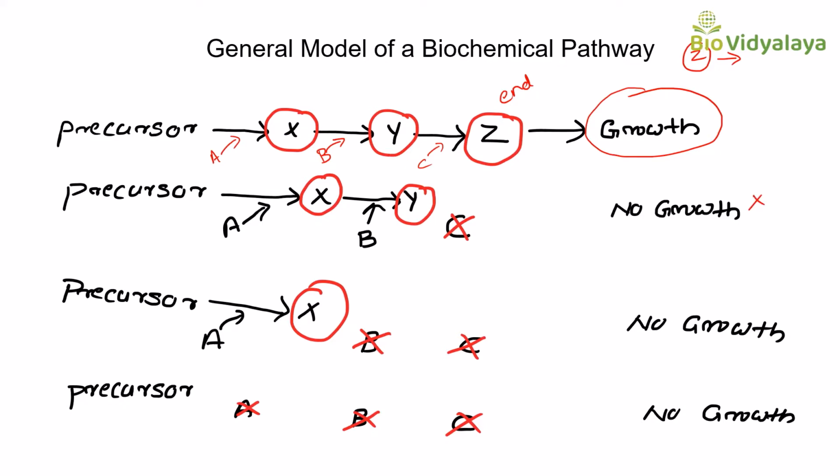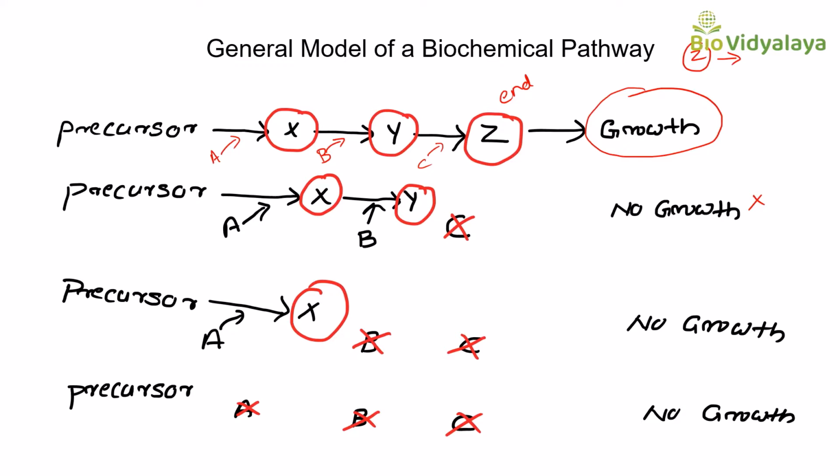Next, both genes coding for enzymes B and C are mutated. So what will happen? The precursor will convert to X, but X will not convert to Y and Y will not convert to Z. Z will not form, isn't it?